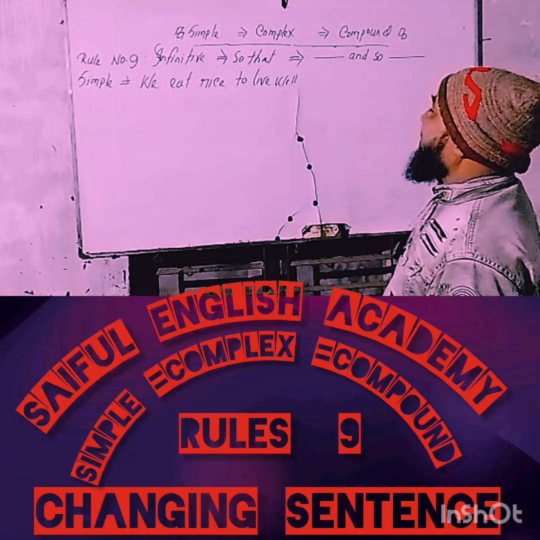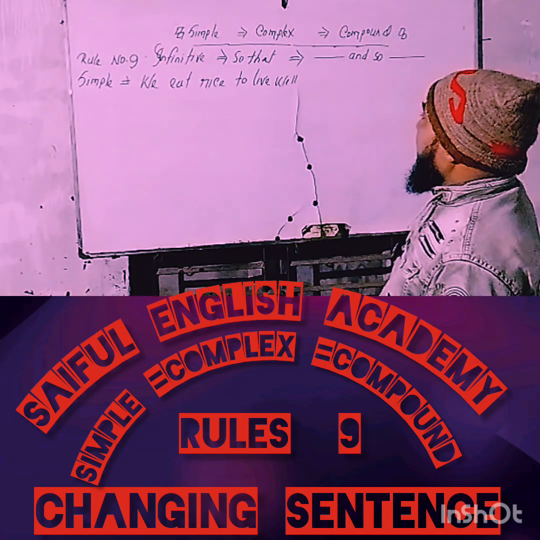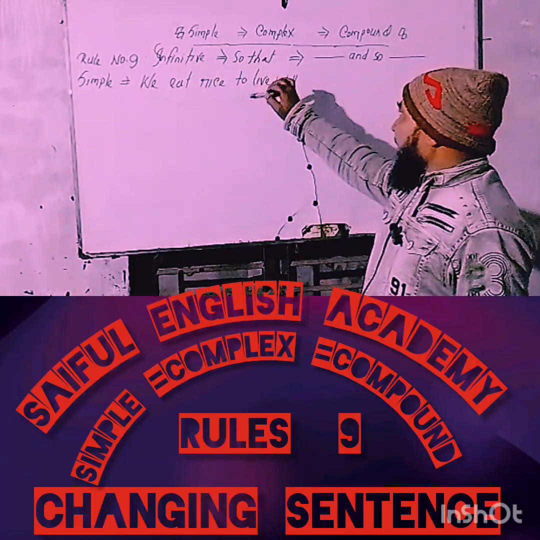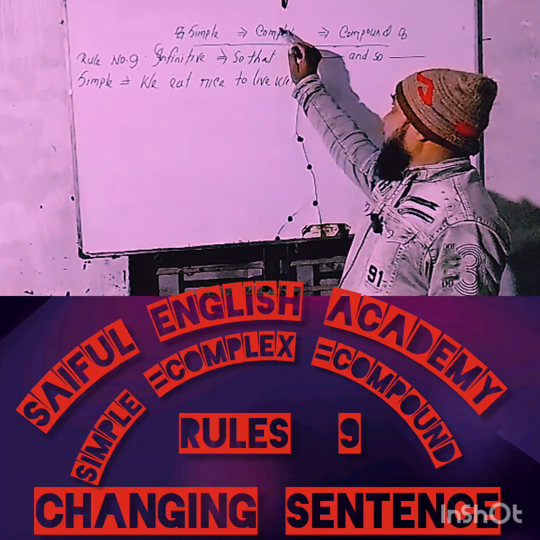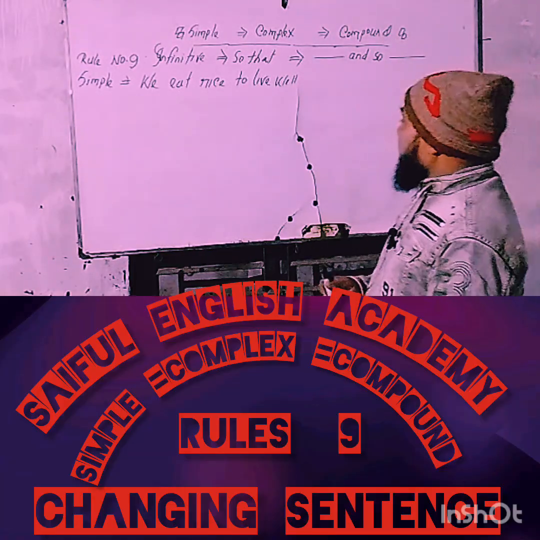So, my dear learners, take a look at the board and try to understand. You'll have to keep in mind that infinitive is used in a simple sentence, so that is used in a complex sentence, and and is used in a compound sentence.